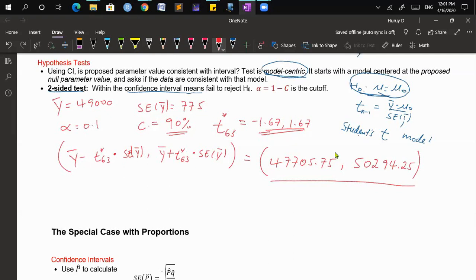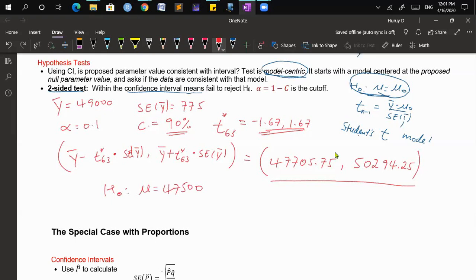We have the confidence interval from 47705.75 to this number. So we have a hypothesized value. H sub naught says mu equals 47,500, I guess. We have this hypothesized value.